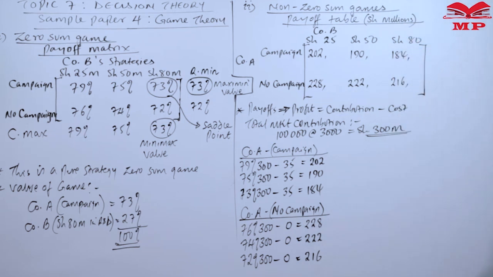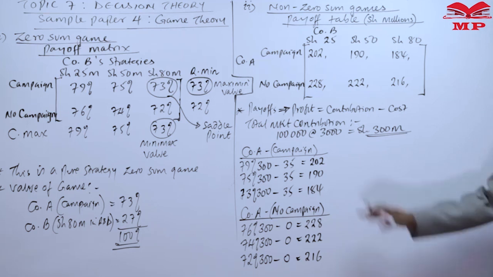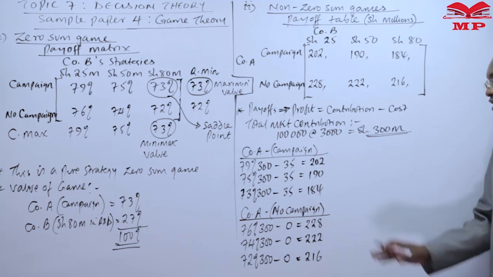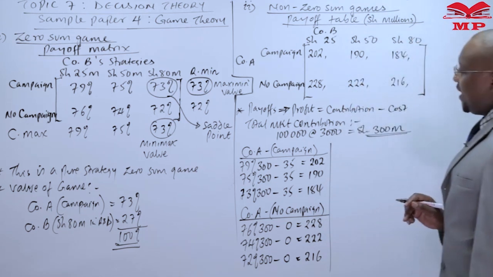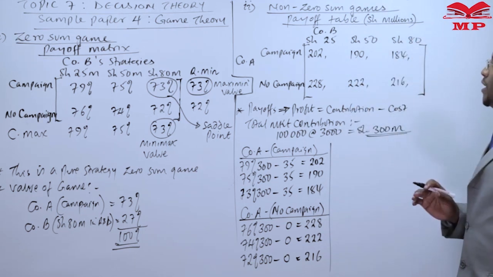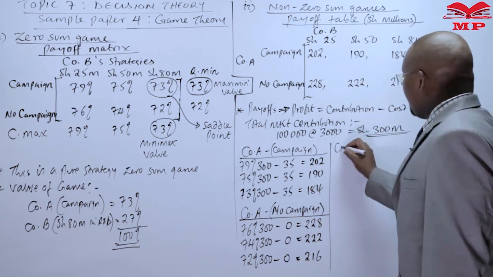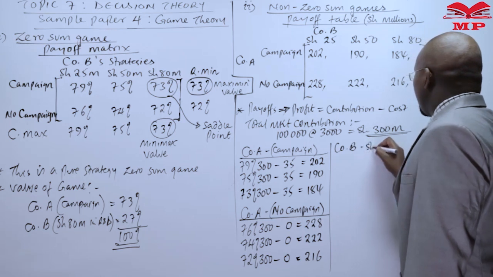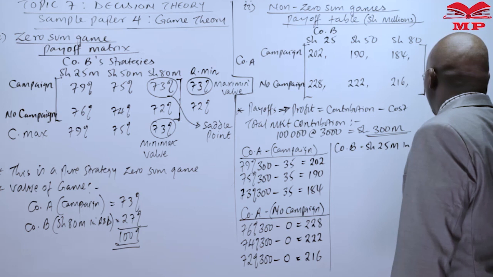That is all about the profits company A is going to make should they have these strategies, campaign and no campaign. What about if company B now would continue with their investment, either 25 or so? So we can have here company B shillings 25 M in R&D.